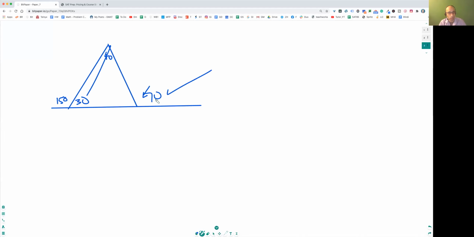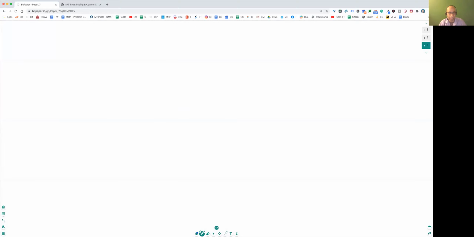Now let's try to think of some other ideas. Sometimes what's going to happen is they might give you this kind of an idea. First of all, the exterior angle is done. Let's now look at another concept, okay? You already know the angles inside are going to sum up to 180, right?